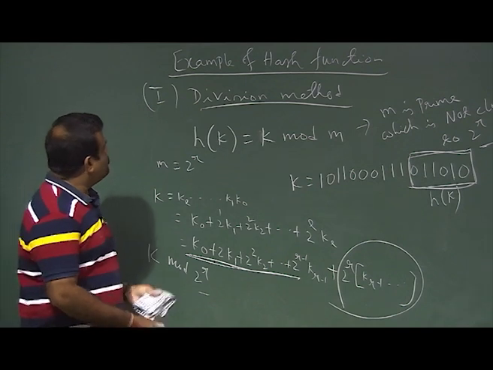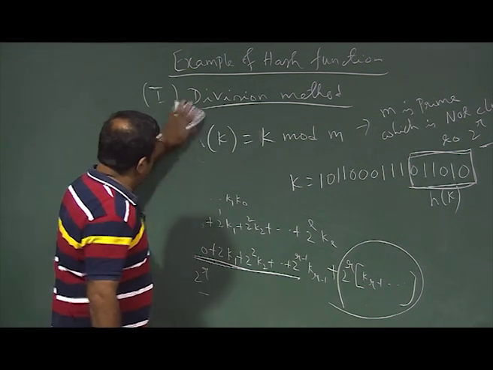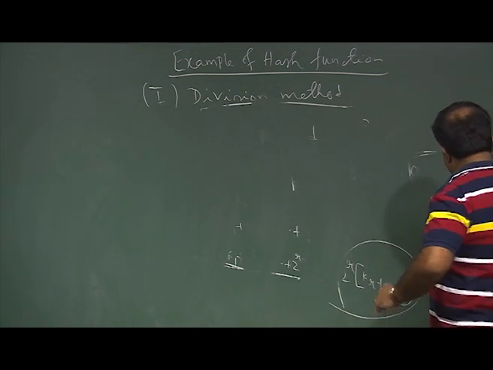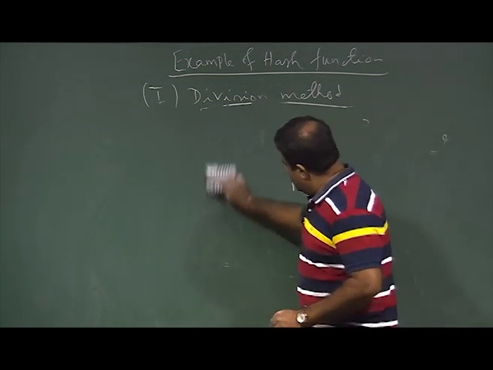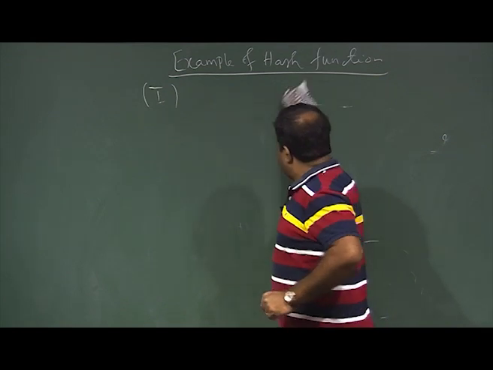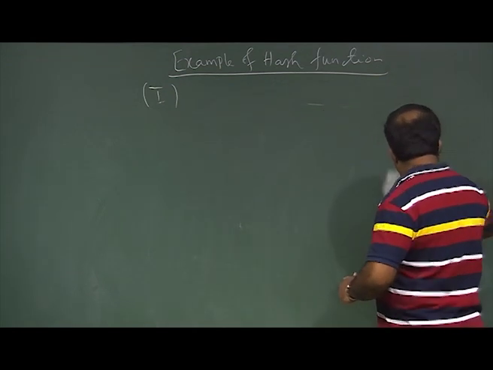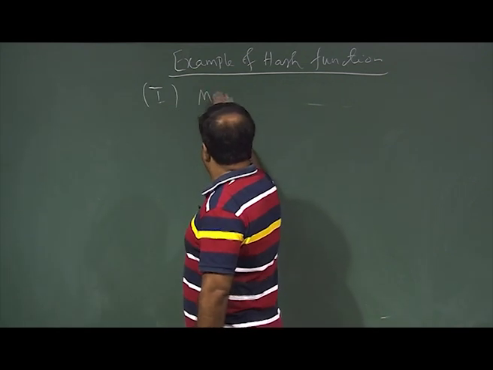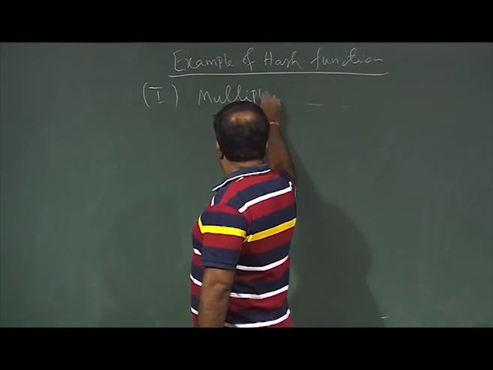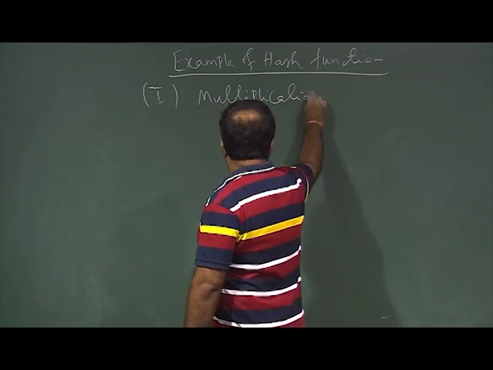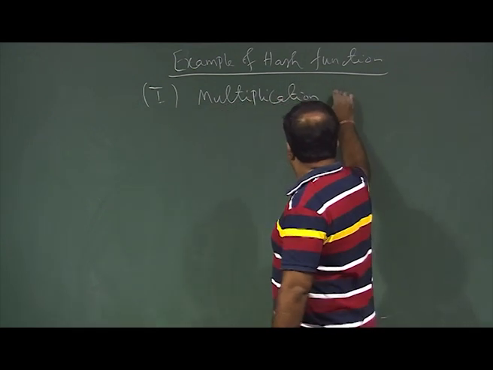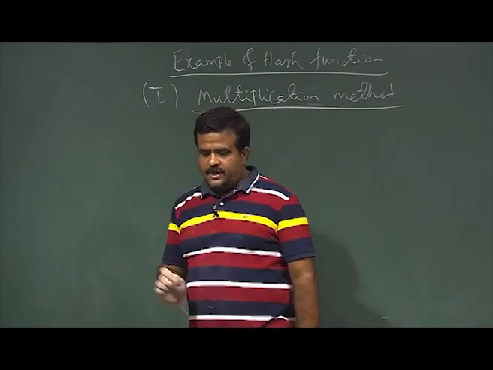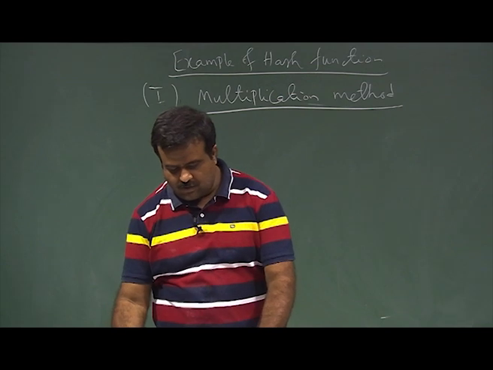Okay, the second example is the multiplication method. So, there we are allowing m to be 2 to the power r. So, the multiplication method is another example of a hash function. Okay, so what we are doing here?